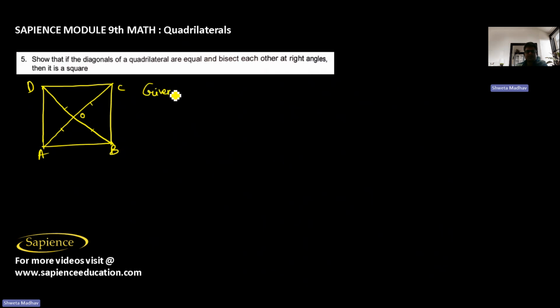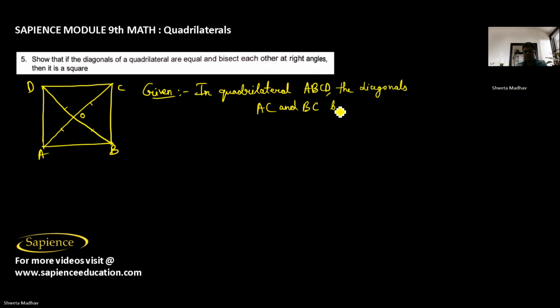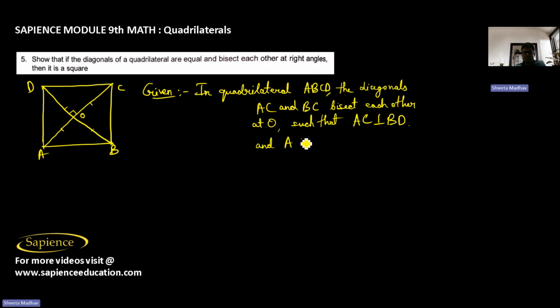So it is given that in quadrilateral ABCD, the diagonals AC and BD bisect each other at the point O, so that AC is perpendicular to BD at the point O. So they are bisecting at right angles also, and the diagonals are equal also, means AC equal to BD.